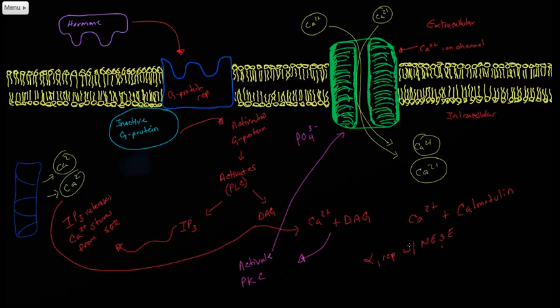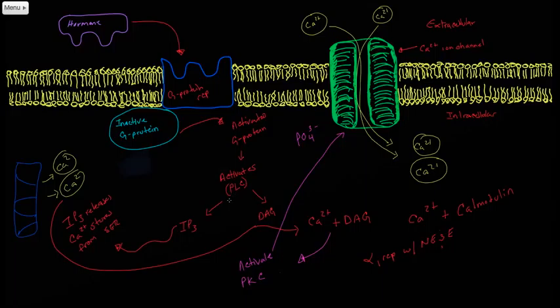So again, just to recap what happened here. The hormone from the outside of the cell travels and interacts and binds with the G protein receptor in the membrane. The inactive G protein becomes activated by this binding, and the activated G protein activates PLC.